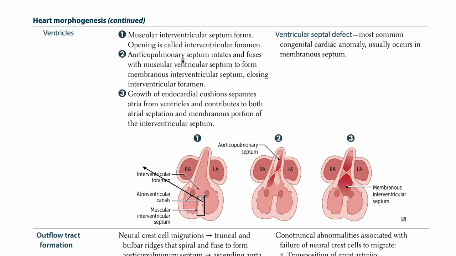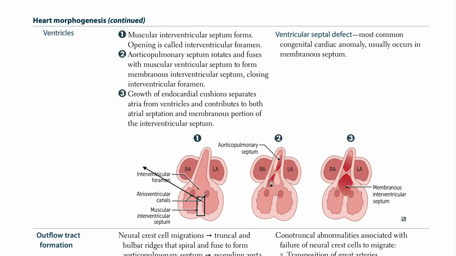Okay, so the aorticopulmonary septum rotates and fuses with the muscular ventricular septum. So this is the muscular ventricular septum, right? This one attaches to this side and this end attaches to this side, to form the membranous interventricular septum. So it does that and then it makes this as well.